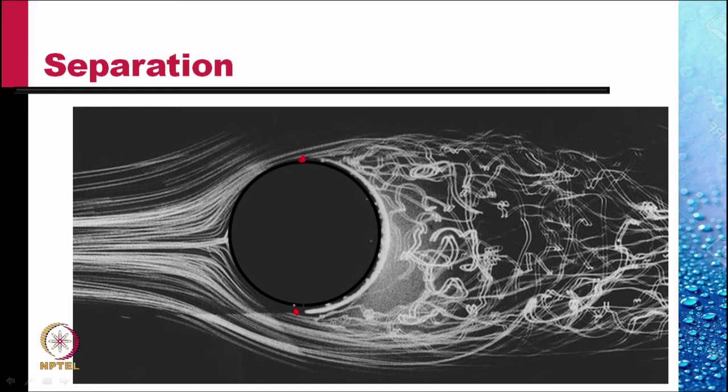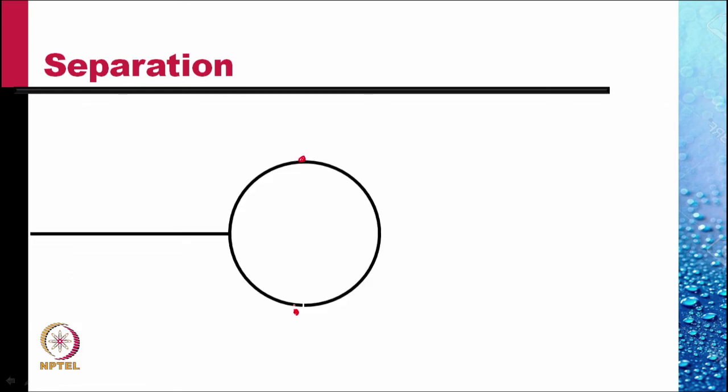Now, if we attach a splitter plate to the cylinder, a plate in front of the cylinder, then the flow taking place in that direction, the velocity is decreasing and pressure is increasing. And the presence of this plate causes a boundary layer to develop here, and this boundary layer would separate in the presence of this adverse pressure gradient.